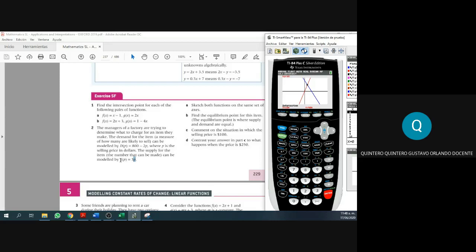But also, supply is how many items we can make. And that is exactly this. We can make exactly 480 items. So the exact amount that we make is the exact amount that we sell. Okay, cool. That is the analysis of this.